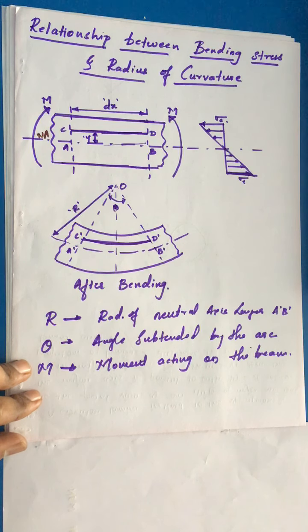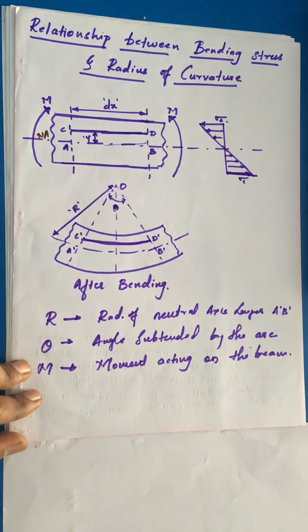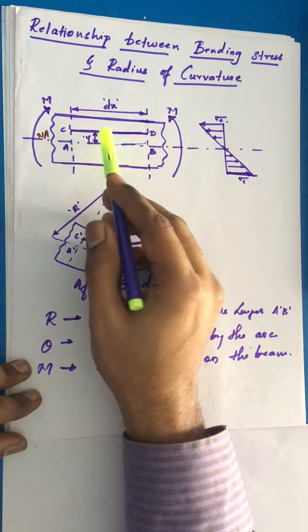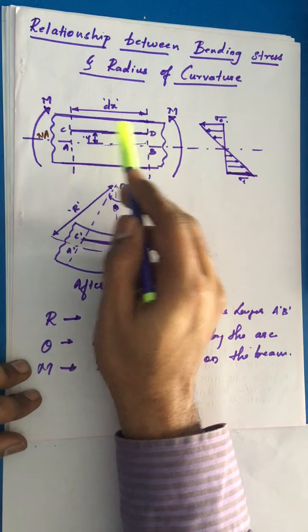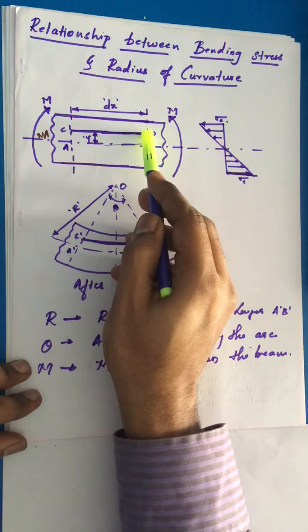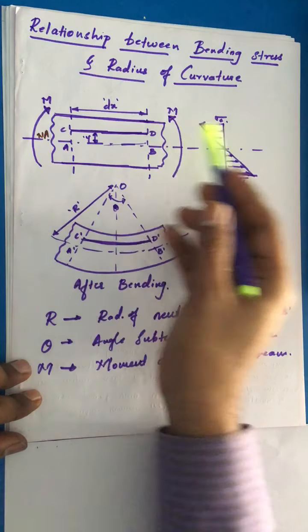It is basically neutral, so that's why it's called the neutral axis. AB is one of the layers which is on the neutral axis. Now consider one more layer at a distance of y from AB, which is layer CD.